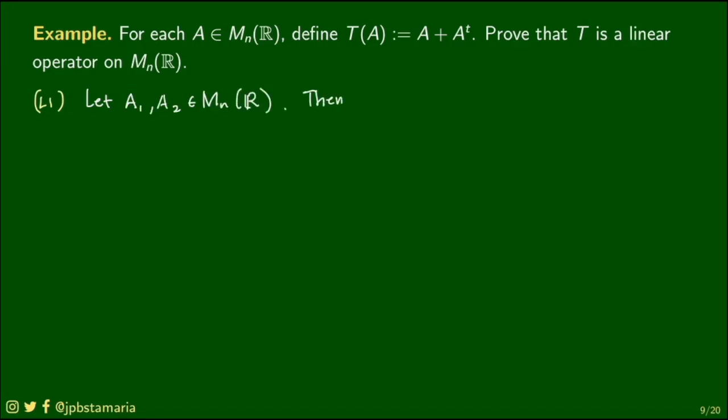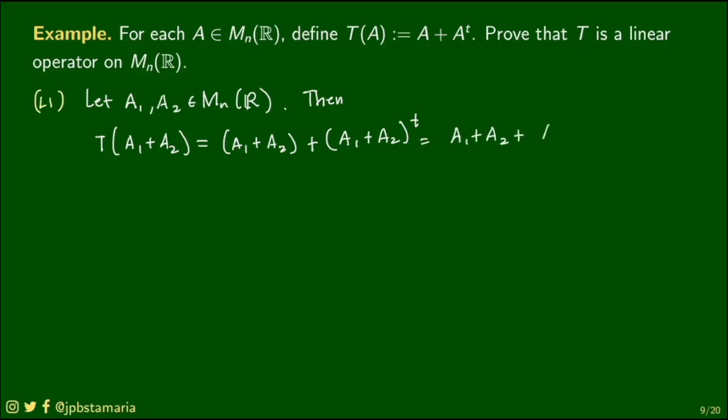Okay, and then we apply T on the sum of A1 and A2. By definition of T, we're going to add the sum A1 plus A2 to the transpose of the same sum. Now, using the properties of transpose, you can write this as A1 transpose plus A2 transpose.